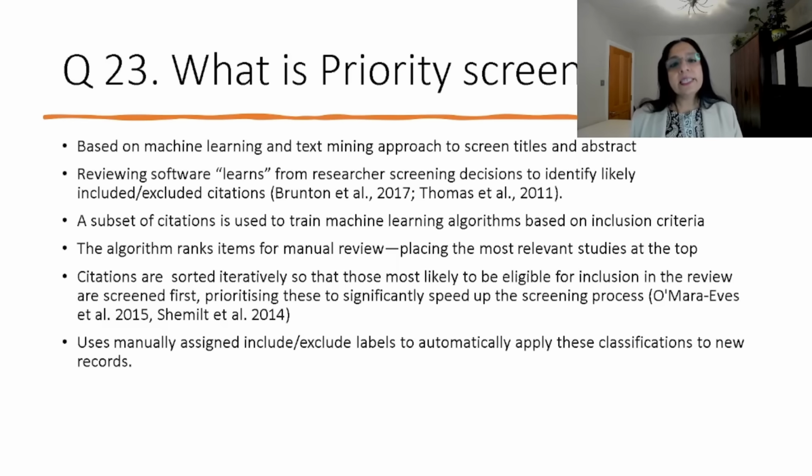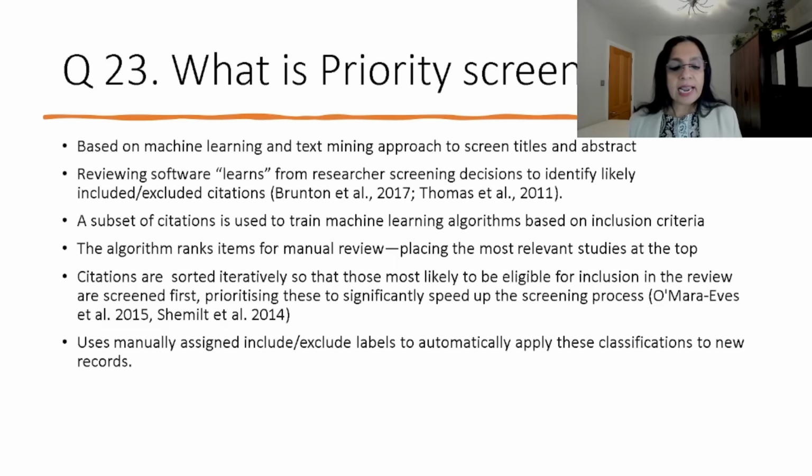So we screen a set of studies initially, and then the software will pick up the studies based on the inclusion and exclusion criteria. A subset of citations is used to train machine learning algorithms based on inclusion criteria. So we need to do it manually and train the machine learning algorithms. Then we can employ the priority screening functionality.